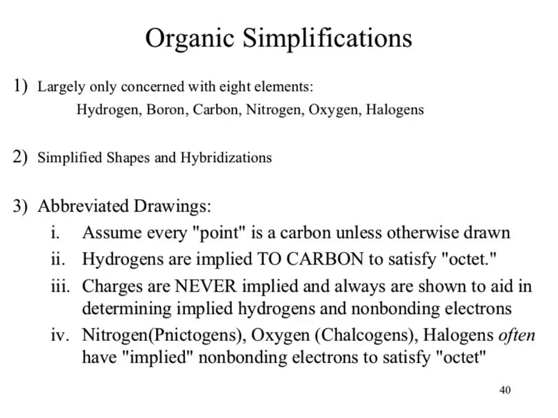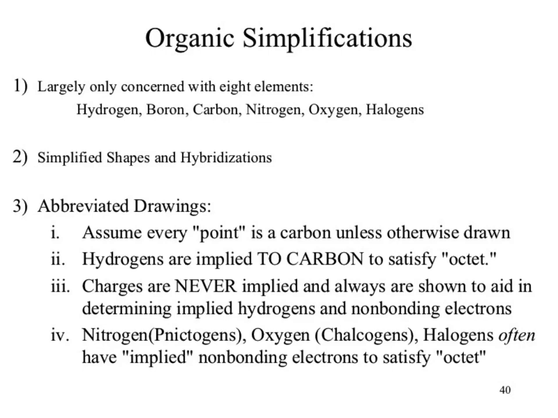Okay? And that doesn't have anything to do with actually then moving into manipulating these structures. That's just saying you have no idea what the structures are showing. Right? So every point is a carbon unless otherwise specified. Right? So if I don't want the point to be a carbon, I have to say what that atom is, period. Okay? Hydrogens are implied to carbon to satisfy octet.